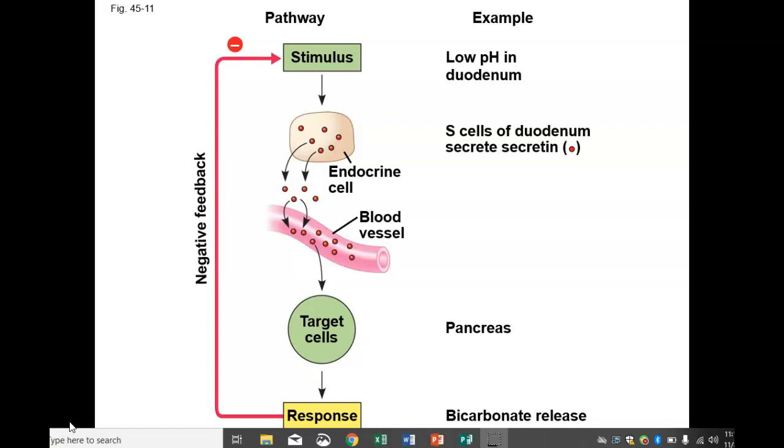And those target cells have stored vesicles of bicarbonate, which then neutralize the acid. So the pancreas then releases the bicarbonate, it neutralizes the acid, the pH raises in the duodenum, and so you no longer have the stimulus. Once again, negative feedback where the response stops the stimulus and then the process stops once it achieves homeostasis.